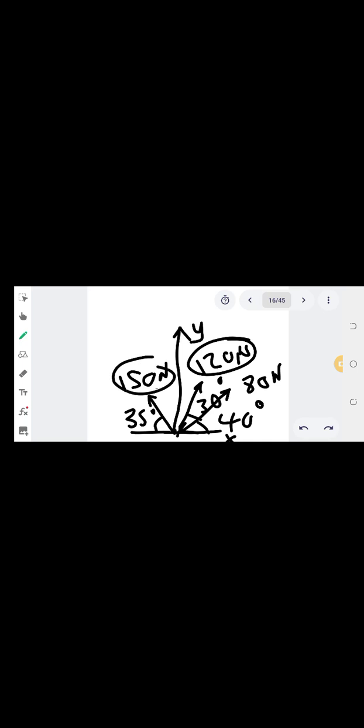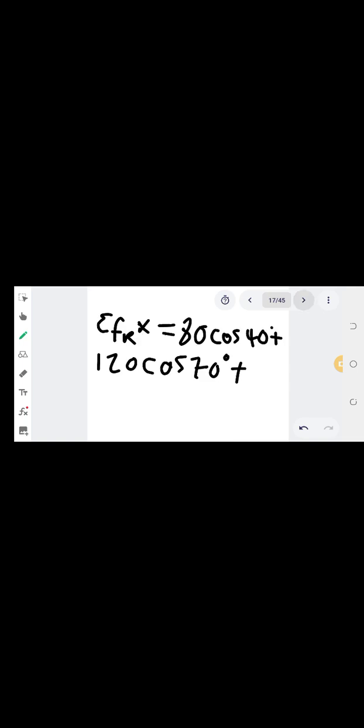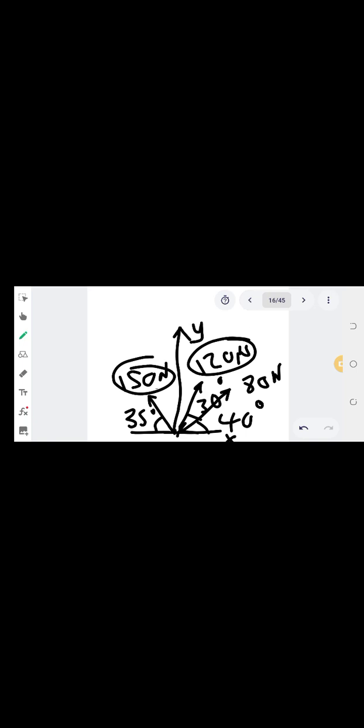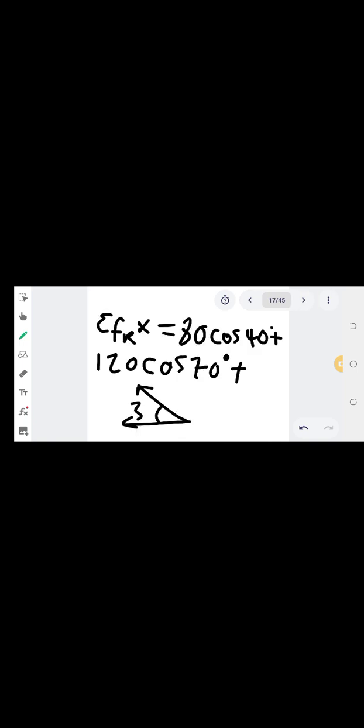we have reached here. So we are on the 150. If we are to resolve this 150, it is like this. So we have this angle here. The angle is 35. Then we have a 150 newtons here. If we are to resolve this into the x component, then we are taking this adjacent.